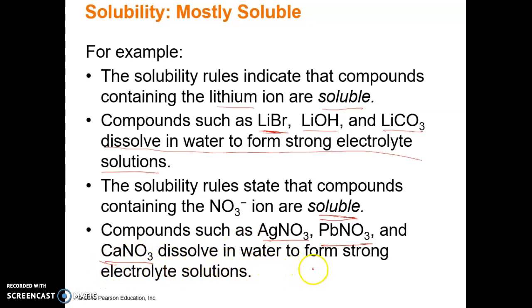They dissolve in water and they also form strong electrolyte solutions, because the solubility rules say that they're soluble. So in solution, you would just have a bunch of pluses and minuses flowing throughout the solution, making it easy for the current to go through.